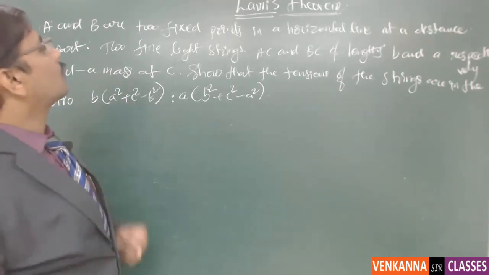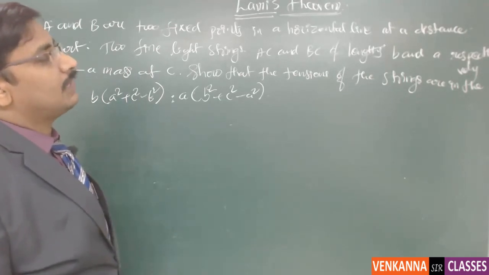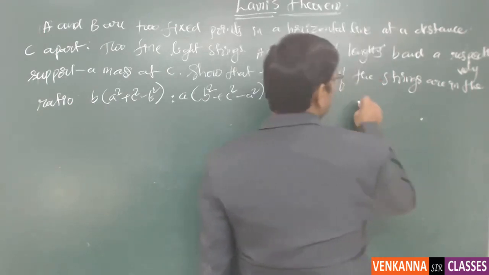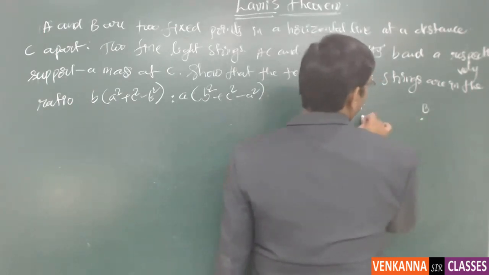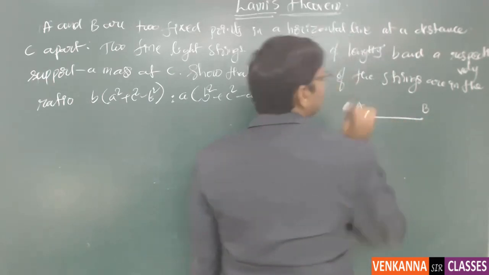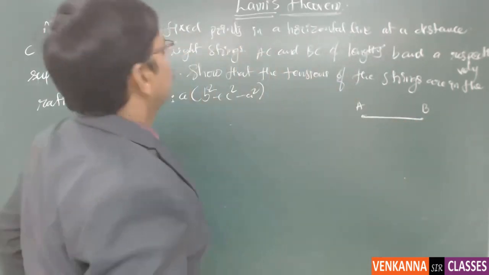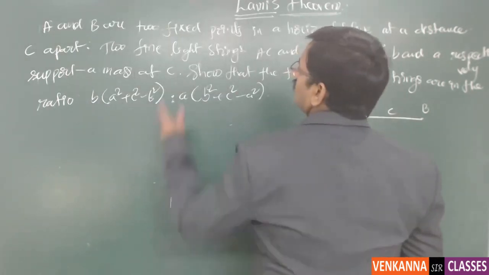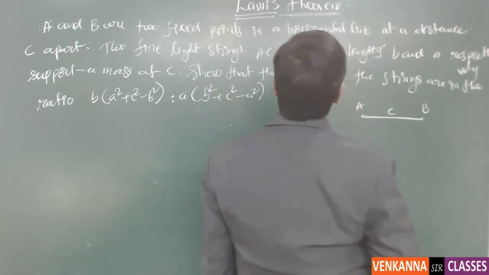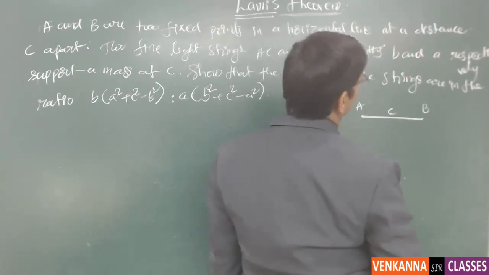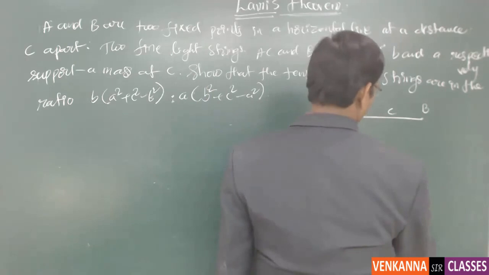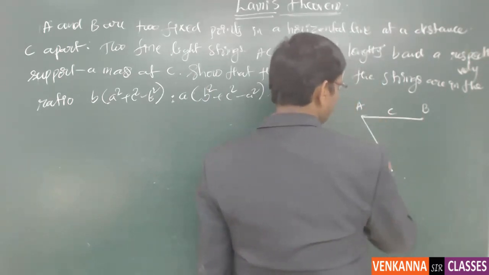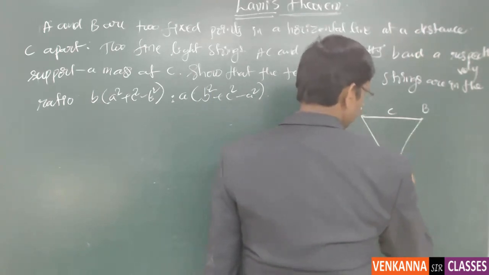A and B are two fixed points in a horizontal line. Let us say this is point A and this is point B, in a horizontal line. These are two fixed points at a distance c apart, so this distance is c. Two fine light strings AC and BC of lengths b and a. This is c, this is b and this is a.